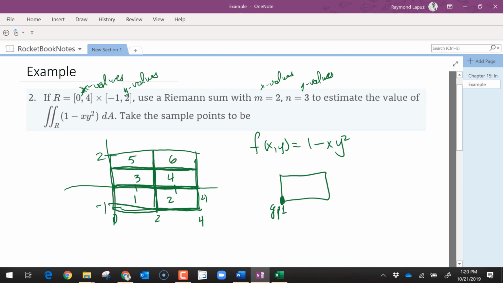So find which rectangle you're in, and then use the lower left corner. Group 2, you're going to be in the lower right corner. Group 3, and then group 4.